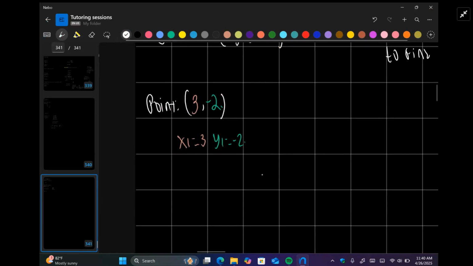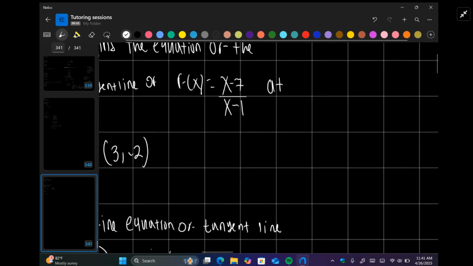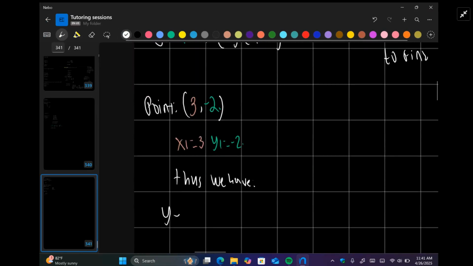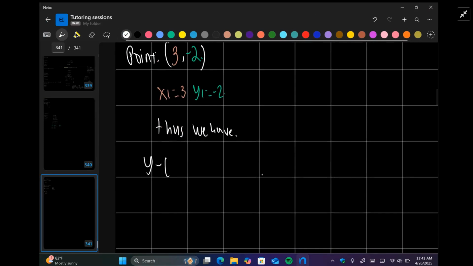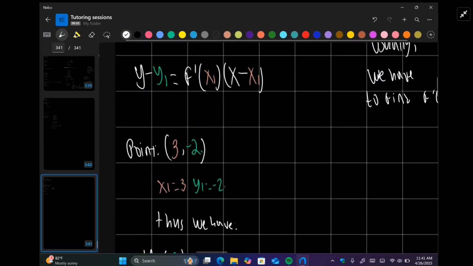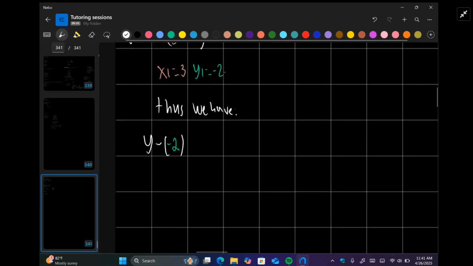So far, we have y minus -2 is equal to f prime of 3 times x minus 3, following this formula.